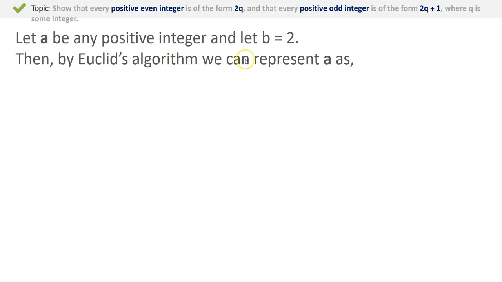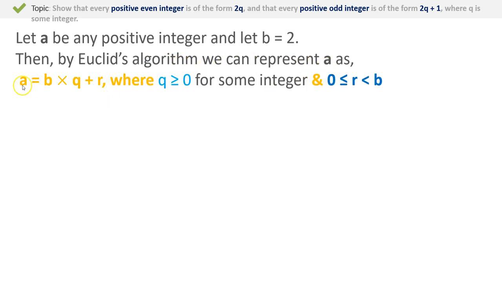Then by Euclid's algorithm, we can represent a as a equal to b multiplied by q plus r, where q is your quotient greater than or equal to 0 and r is your remainder, which is greater than or equal to 0 and less than b.